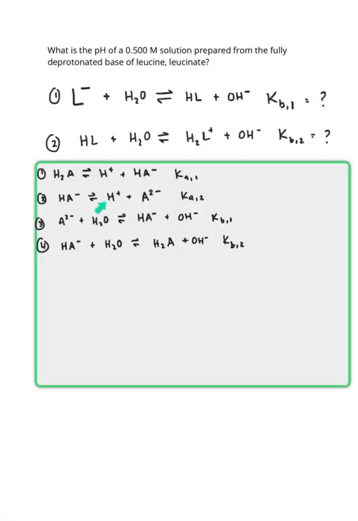In the second, HA- deprotonates one more time with equilibrium constant Ka2. Of these two reactions, Ka1 represents the more acidic acid. This is because it's easier to lose a first proton than it is to lose a second. Similarly, in reactions 3 and 4, we represent the base activity of the conjugates A2- and HA-.